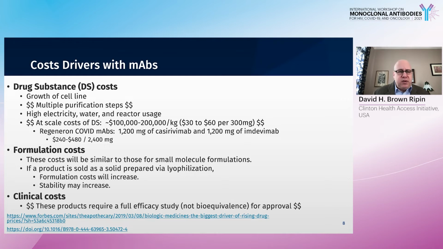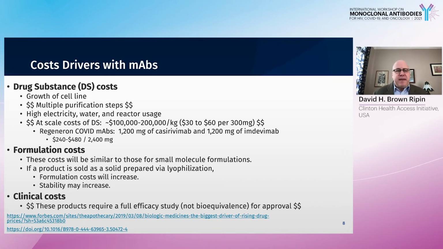I will note that some products are sold as a solid in a sterile vial. That solid is prepared via lyophilization, and the time and volume intensity of that process may substantially increase the cost of fill and finish from around $2 a vial to around $10 per vial filled.